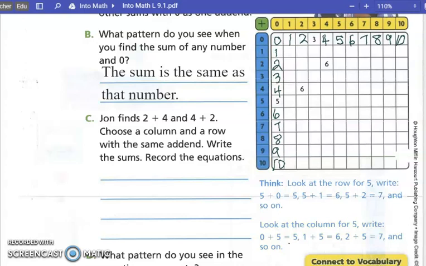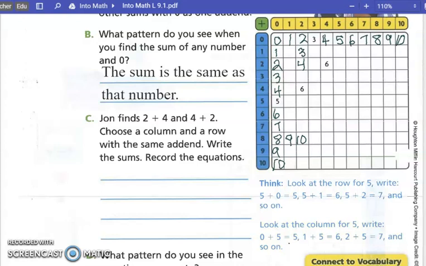If you have a hole where the notebook punched out, you're just going to have to leave that number out or write it out to the side. So go ahead and choose a number at the top that you're going to add 0, 1, 2, 3, 4, 5, 6, 7, 8, 9, 10 to, and a number from the side, the blue side, that you're going to add 1, 2, 3, 4, 5, 6, 7, 8, 9, 10 to.